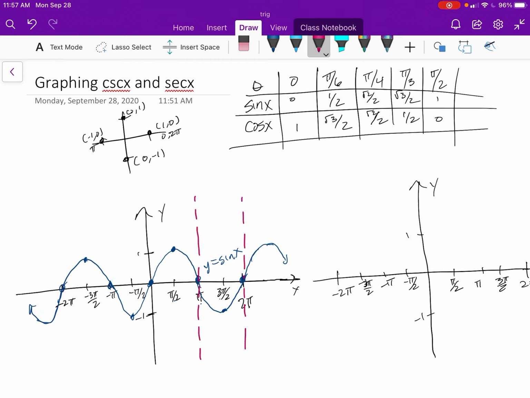Again, I'll explain why in just a minute. Here's just how you can quickly develop the graph. And then it looks like a whole bunch of parabolas going off of the max and the min in between those asymptotes.